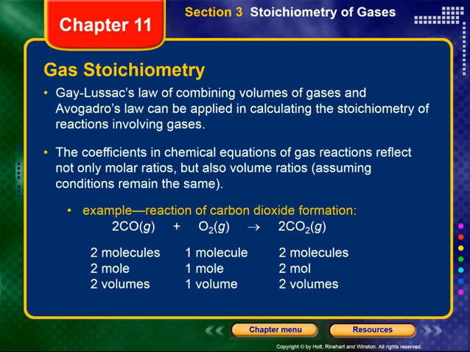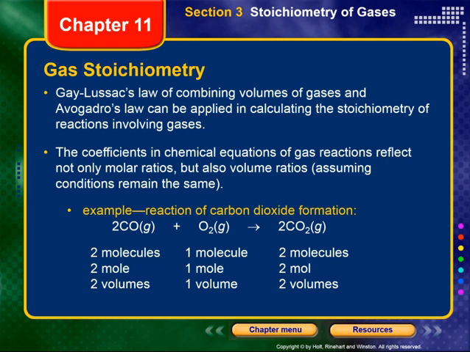So, for example, if we have carbon monoxide gas reacting with oxygen gas to form carbon dioxide gas, right? Notice they're all in the gaseous phase. We see that the coefficients of that balanced chemical equation are 2, 1, 2. So we get lots of information out of this. We know that it takes 2 molecules of CO to react with 1 molecule of O2 to yield 2 molecules of CO2.